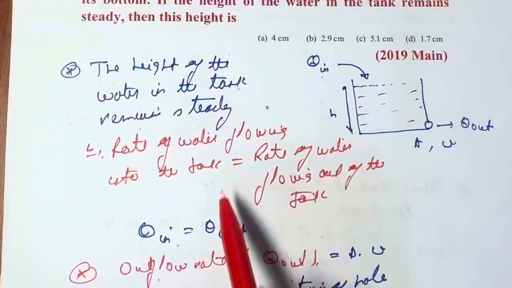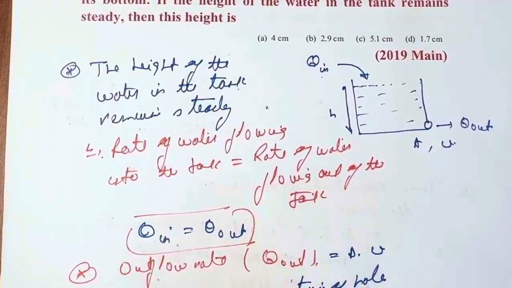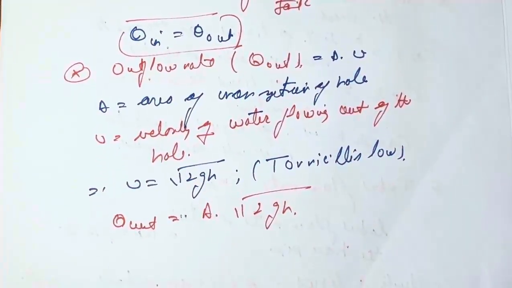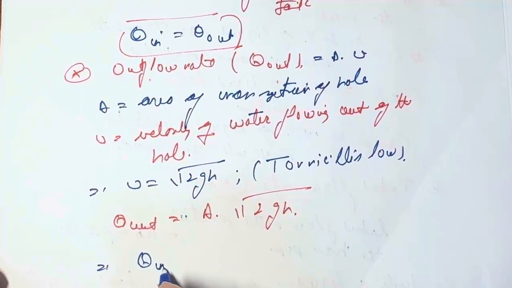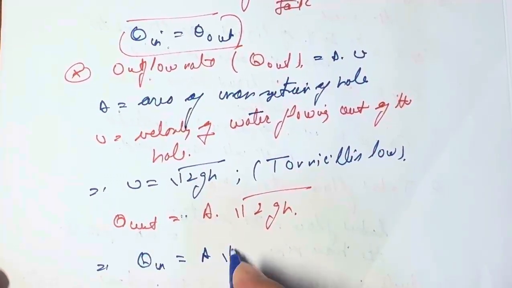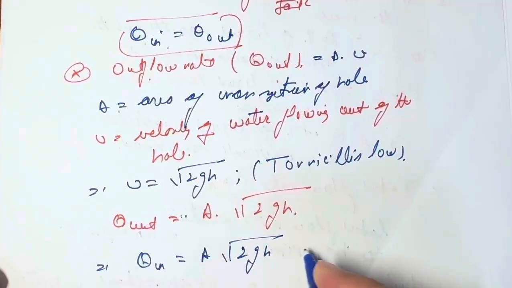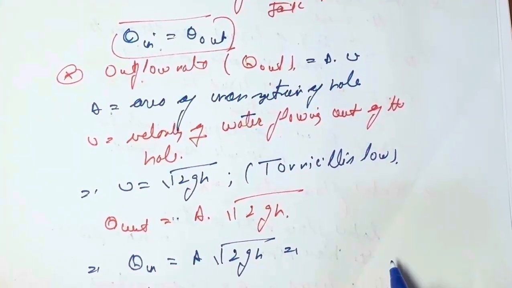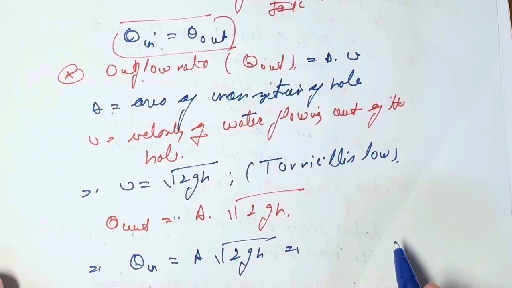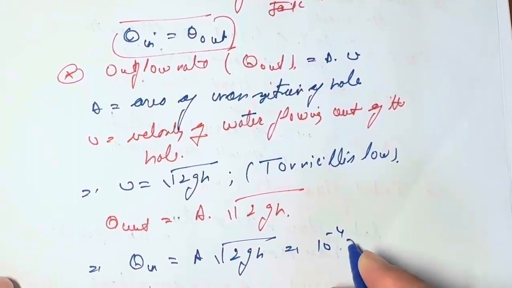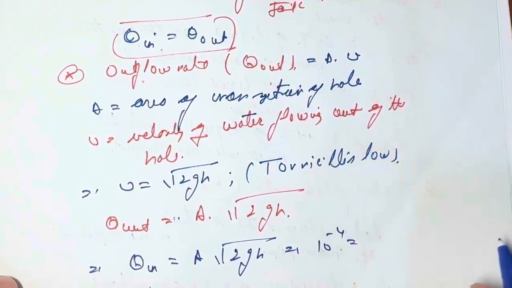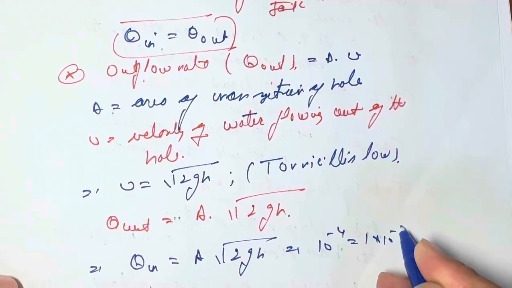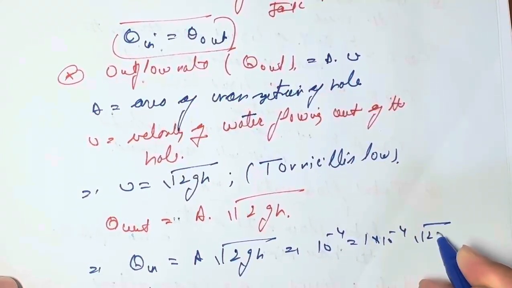and we already said that q in should be equal to q out. So we can write that q in will be equal to a square root of 2gh, and q in is given as 10 to the power minus 4, and area is given as 1 centimeter square. So this becomes 1 into 10 to the power minus 4, times square root of 2gh.